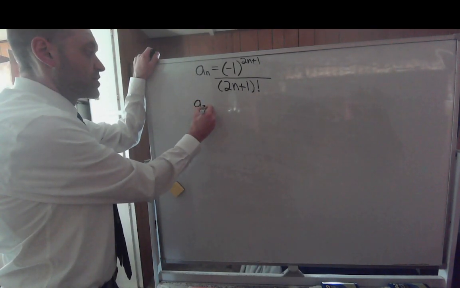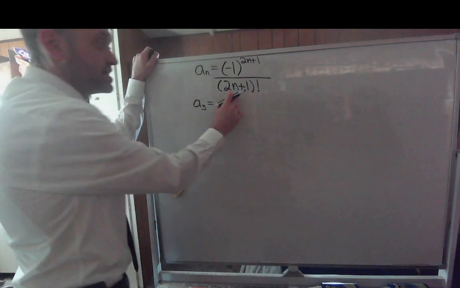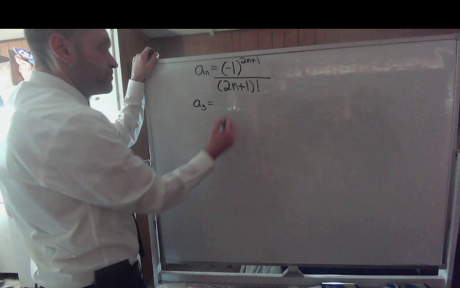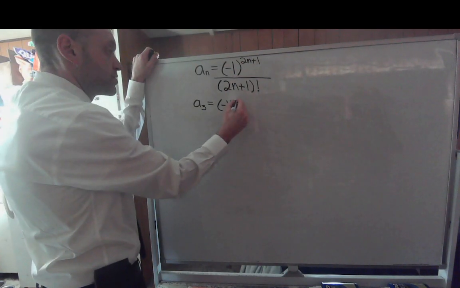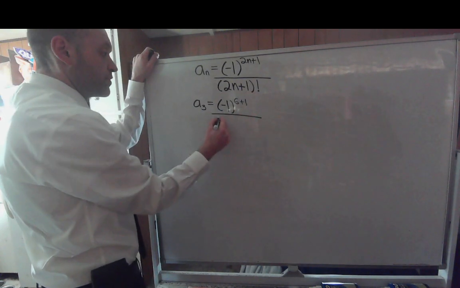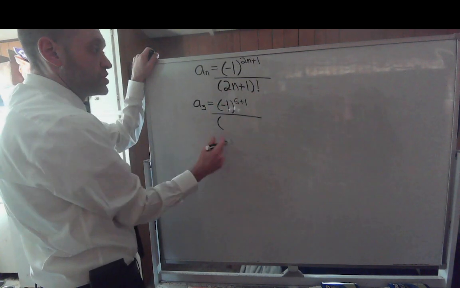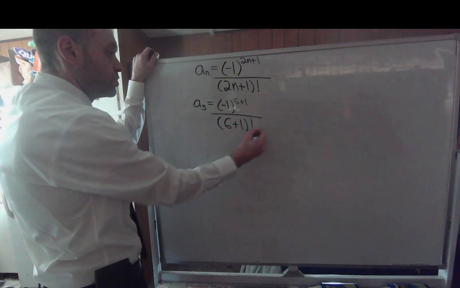Let's just go for the third term, alright? So a sub 3, that means wherever I see n, I'll put in that 3. So that's going to equal -1 to the 2 times 3, which is 6, plus 1, all over 2 times 3, which is 6, plus 1 factorial.